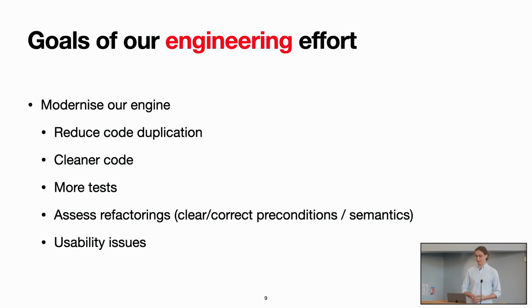So next is fixing refactoring. There are a lot of preconditions that sometimes are incorrect, or they weren't covered with tests, so they weren't behaving as we intended them to. So we have to check a lot of preconditions and semantics.